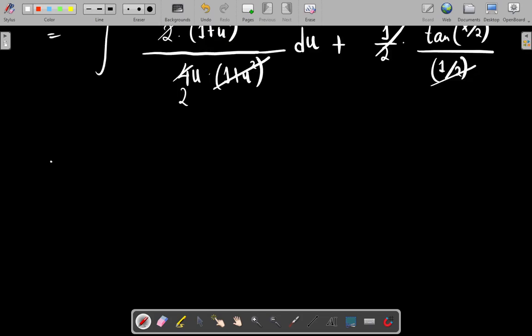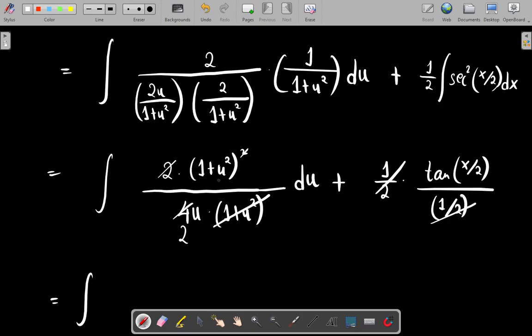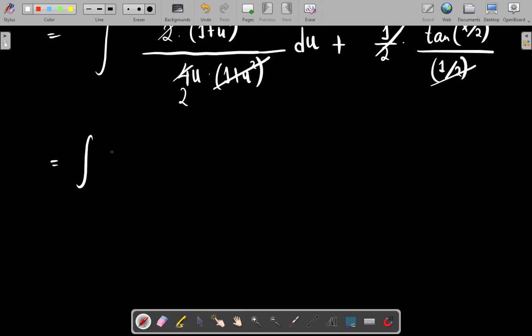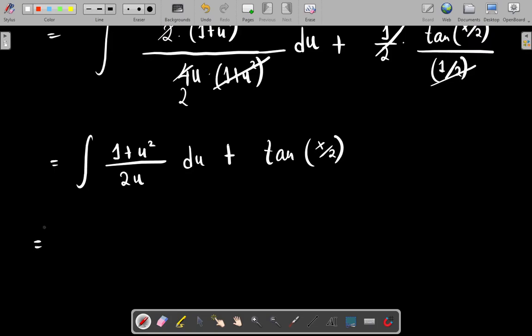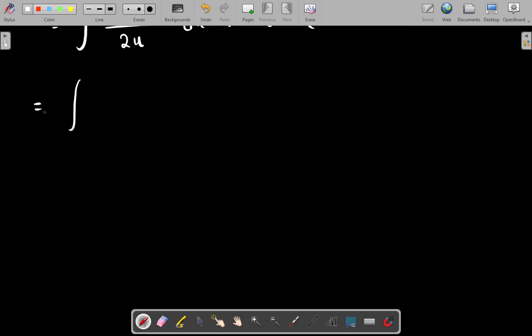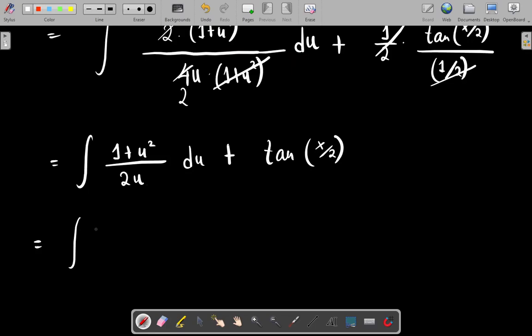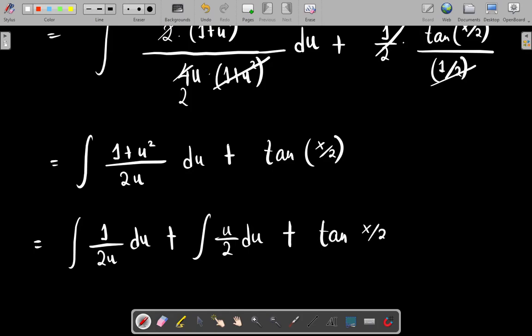So now we are left with 1 plus u square upon 2u du, and this is tan of x by 2. Okay, so if we split this again, this integral becomes 1 by 2u du plus u square by 2u, this becomes u by 2 du plus tan of x by 2.